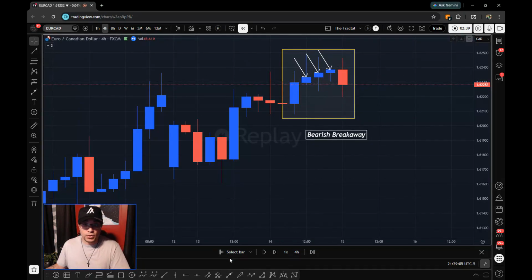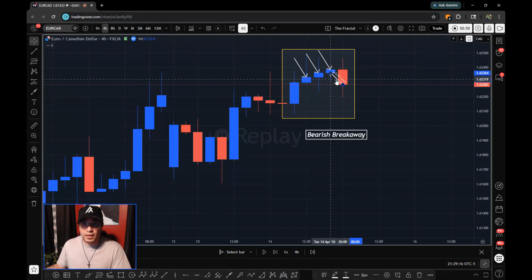Okay, so first it was the closes. Now this 5th candle must engulf that open, this open, and this open. Okay.